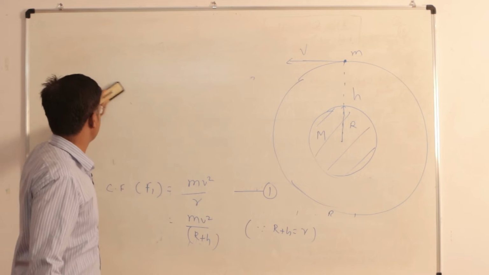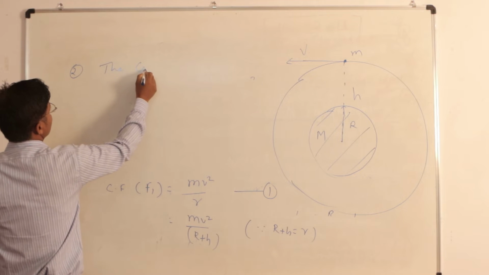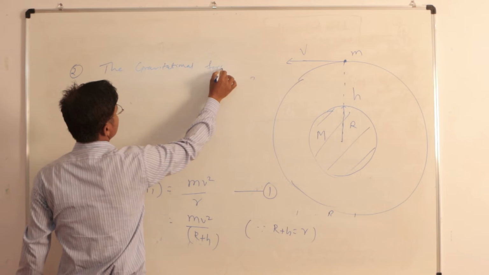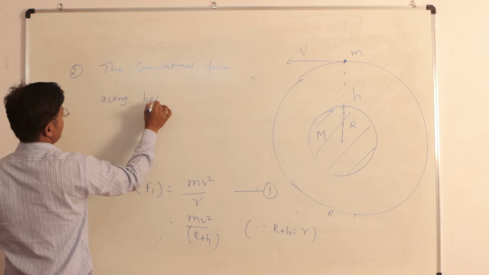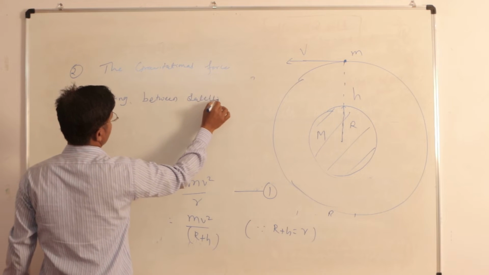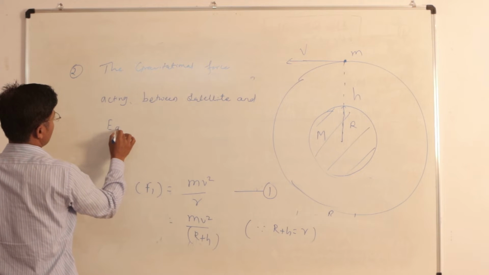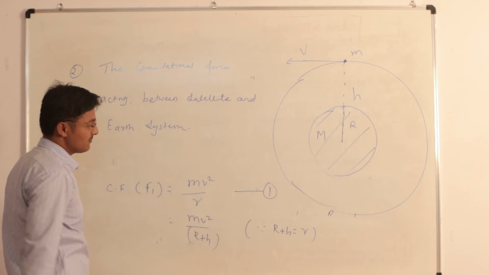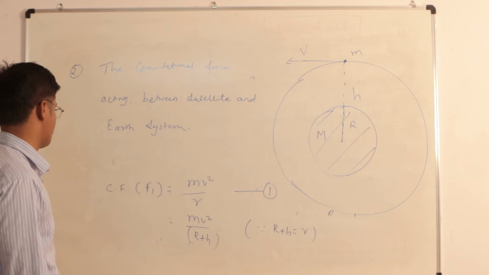Now second force, कोणता ऍक्ट होतोय आपण जस्ट पाहिलं, द ग्रॅव्हिटेशनल फोर्स acting between satellite and earth system. मग आपण तो ग्रॅव्हिटेशनल फोर्स कोणत्या लॉने देतो? इट इज गिवन बाय न्यूटन्स सेकंड लॉ ऑफ मोशन.